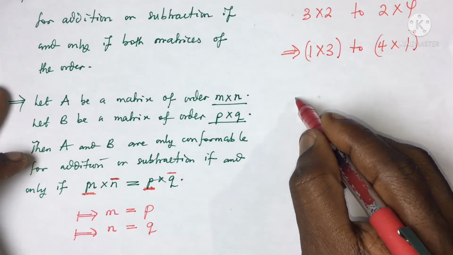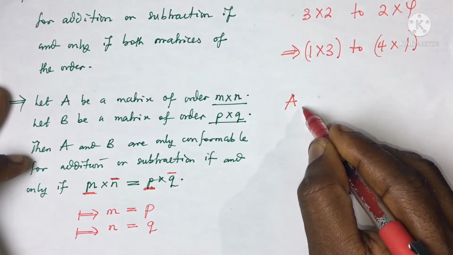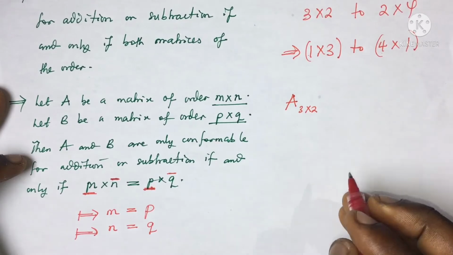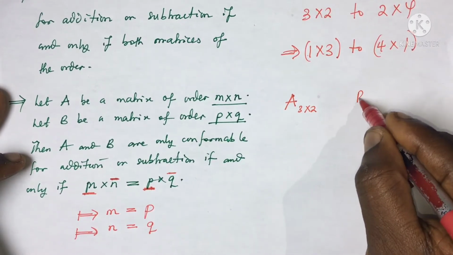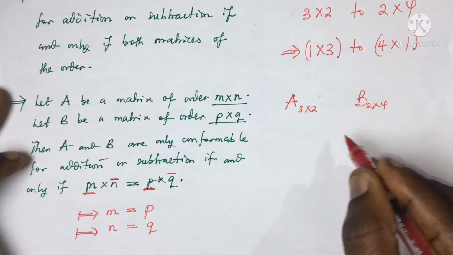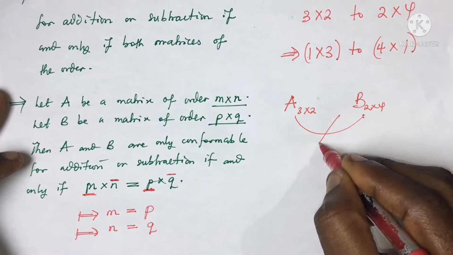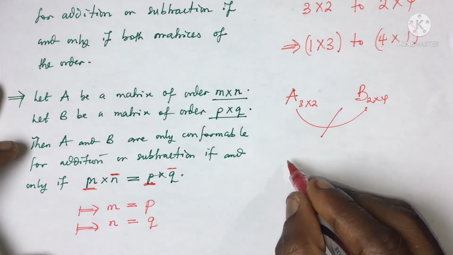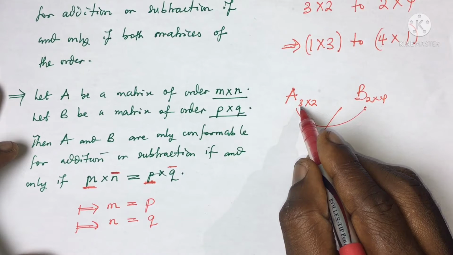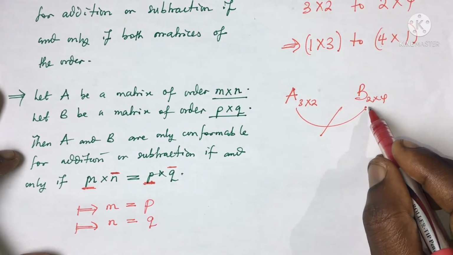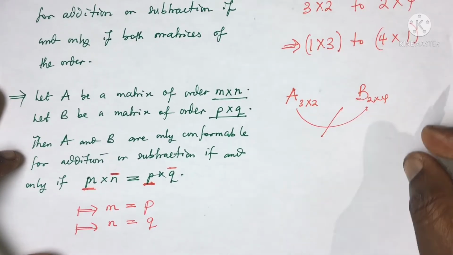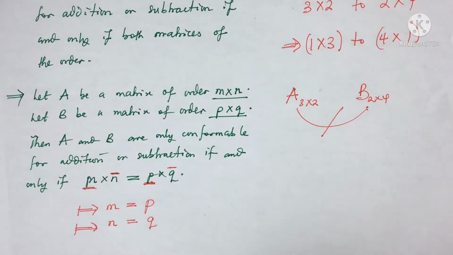So if I have a matrix A of order 3 by 2 and another matrix B of order 2 by 4, both of them cannot be added. If I have a matrix A, 3 by 2, and a matrix B, 2 by 4, one cannot be subtracted from the other, simply because they are not of the same order. Okay?